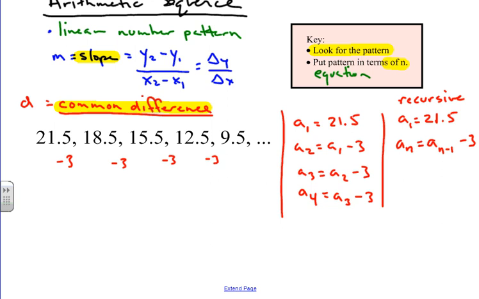I would start this at 1, because this is my a sub 1, then a sub 2, a sub 3, and I'll just graph this out real quick. We go to 21.5, I'll put 21.5 right there. Then when n is 2, it's going to be 3 more down, so it's going to go right there, 3 units down.